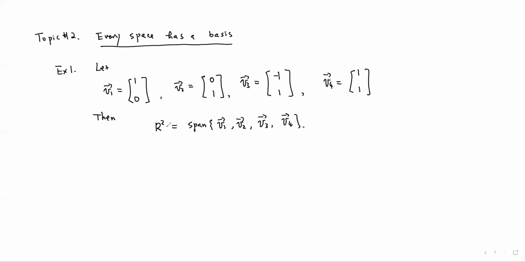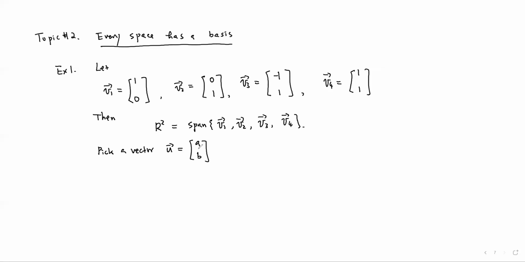How to see that R2 is the set spanned by these 4 vectors? Arbitrarily pick a vector, say vector U, from R2, with components A and B, scalars.